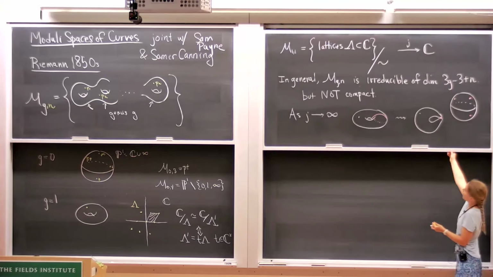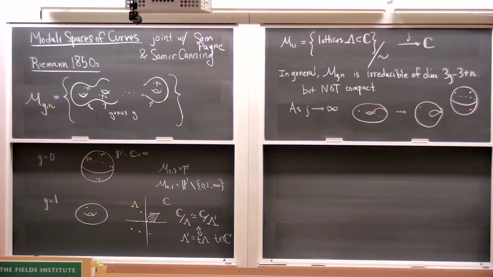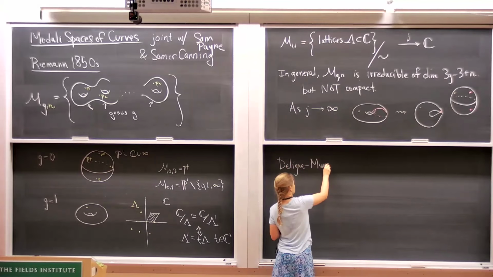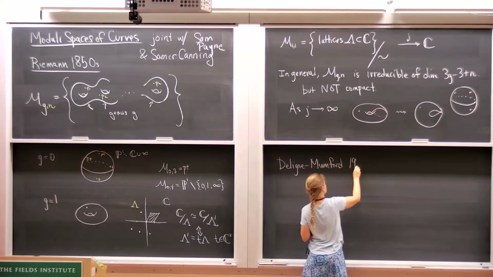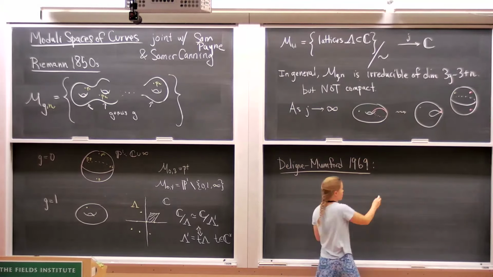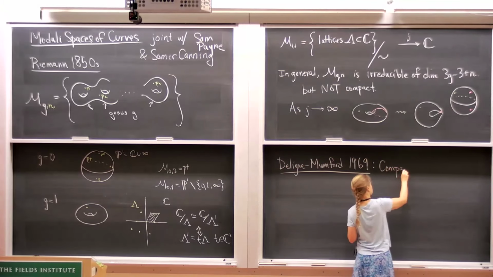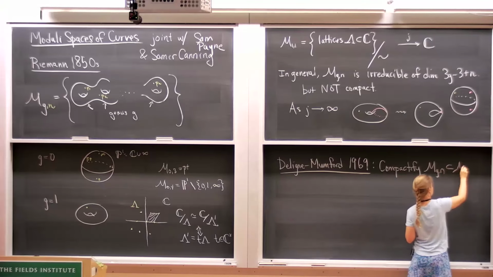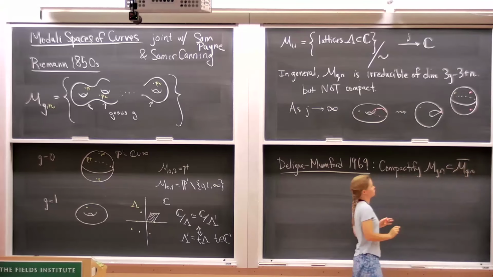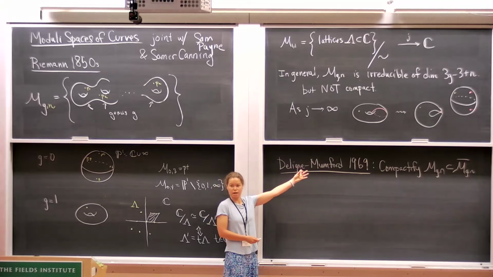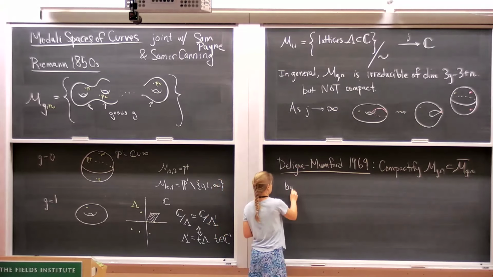So this provides the first hint of a very important idea of Deligne and Mumford, which is that we can compactify MGN, so sit it inside of some larger space, MGN bar, by allowing some singular curves to arise as limits.